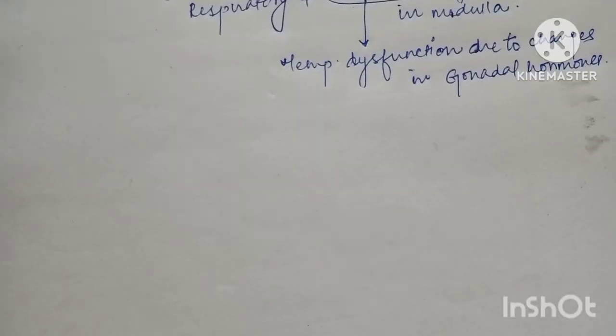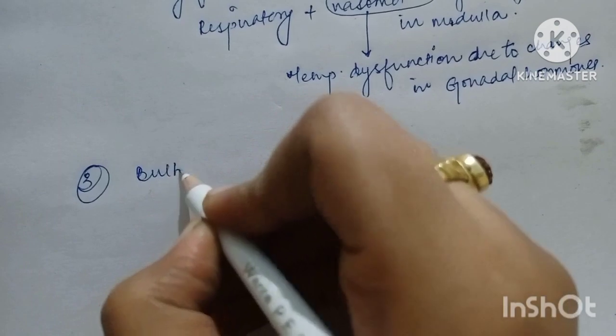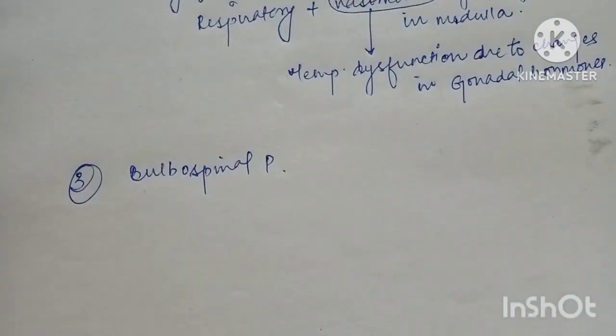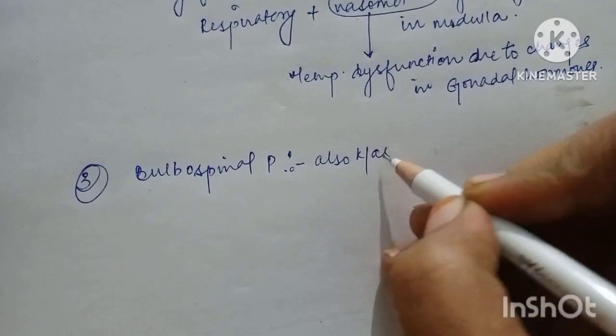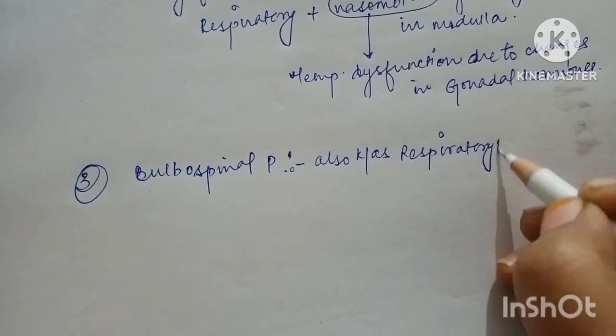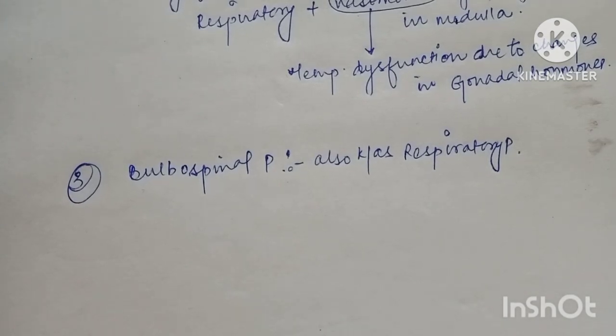Now let's talk about the third category, that is bulbospinal poliomyelitis. First we see the picture of this. It is also known as respiratory poliomyelitis because the respiratory system is mostly affected in bulbospinal poliomyelitis.